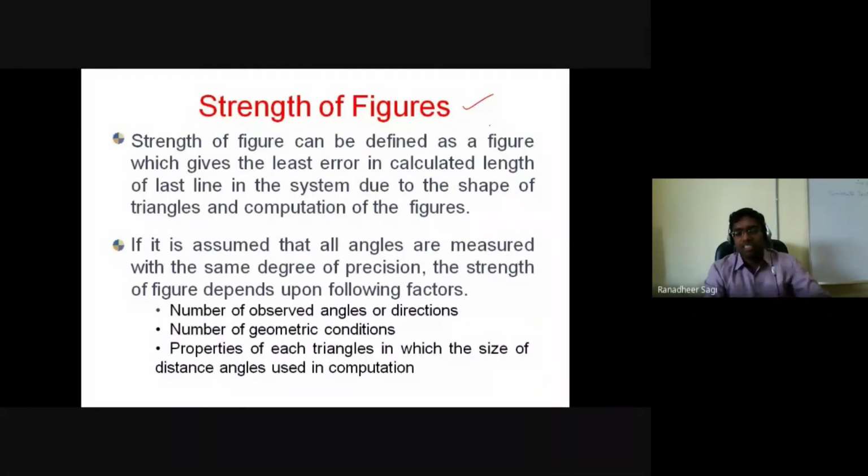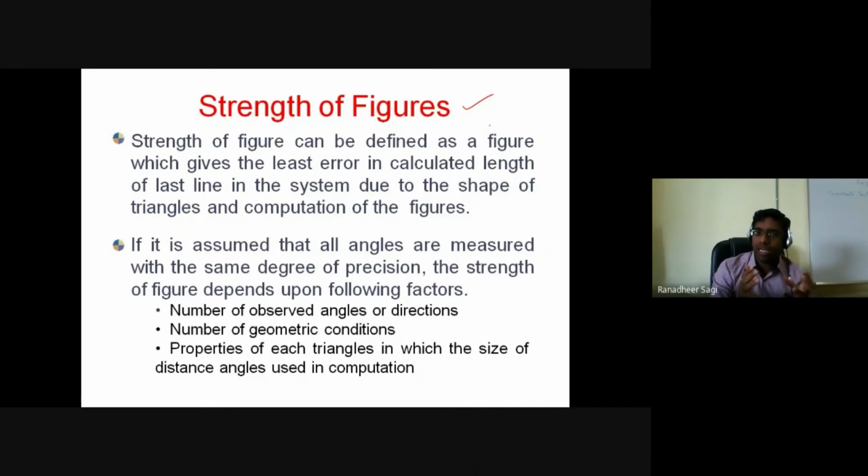I repeat. So last dimension, whatever you are going to be finding out in that particular triangulation network, if that dimension, whatever you are trying to calculate, has got a least error in the calculated value. Sir, how do I know it has got least error or more error?